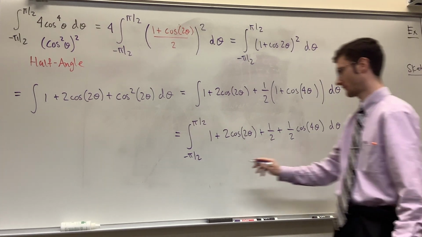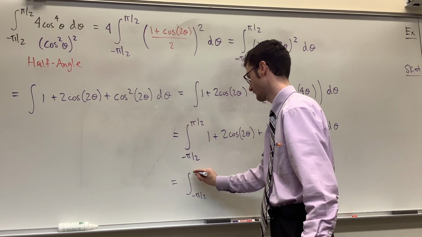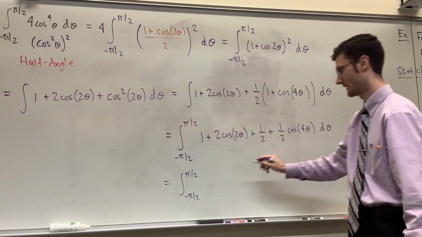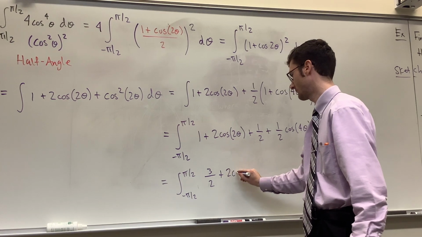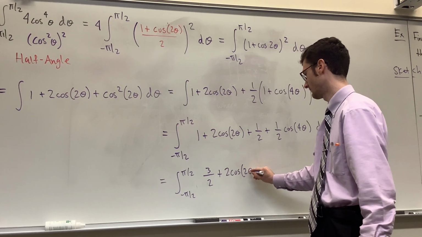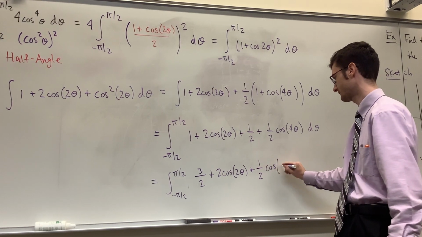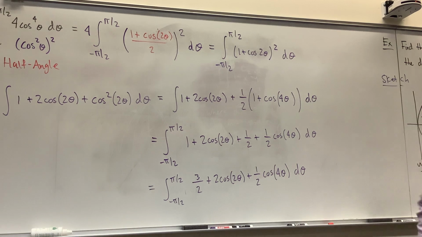Now let's just collect here. 1 plus 1/2, this is some number, right? 3/2, plus 2 cosine 2 theta, plus 1/2 cosine 4 theta. Okay?